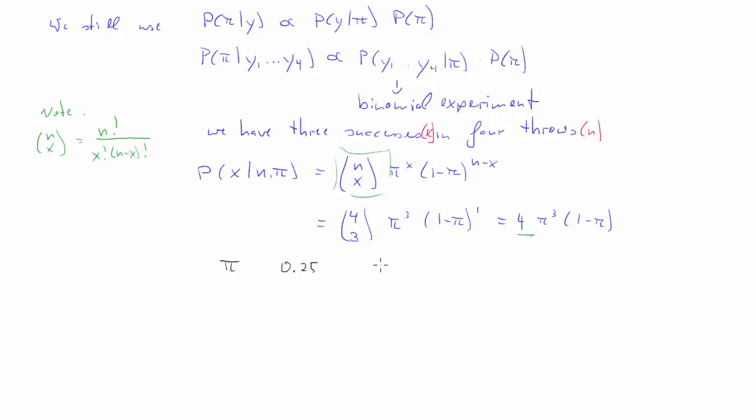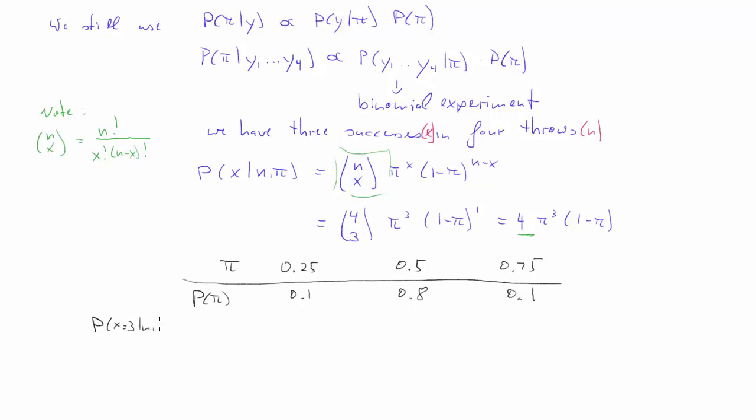So now we create our table again. It will be much shorter now. We'll only have 1 updating process. So here are our 3 possible outcomes, and our prior distribution is here. And what we now want to calculate is the likelihood for 3 successes in 4 throws given pi, times the prior.